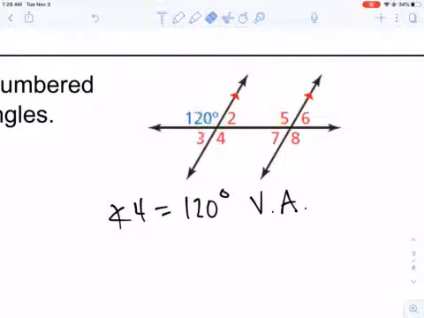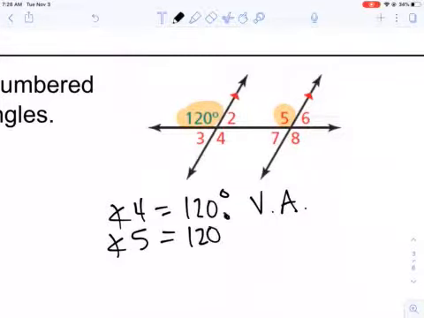Okay. Well, I noticed that these two are both upper left, so that means angle 5 is also 120 by corresponding angles, because they're in the same spot.